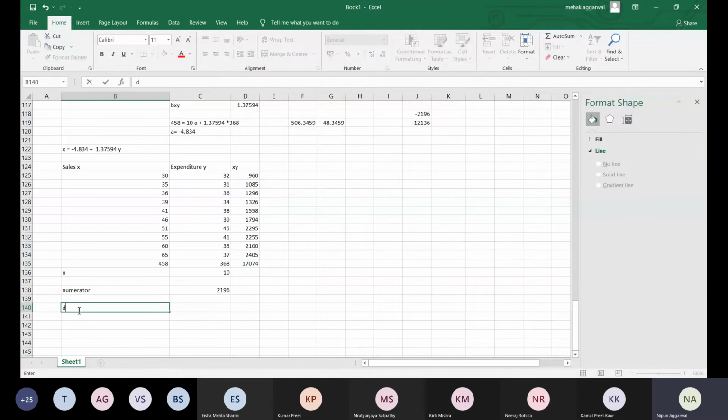Then comes the denominator part. So the denominator formula is n summation. We want to calculate first for bxy, so there will be only the y term in it. So that is n summation y square. So for that you have to calculate y square.